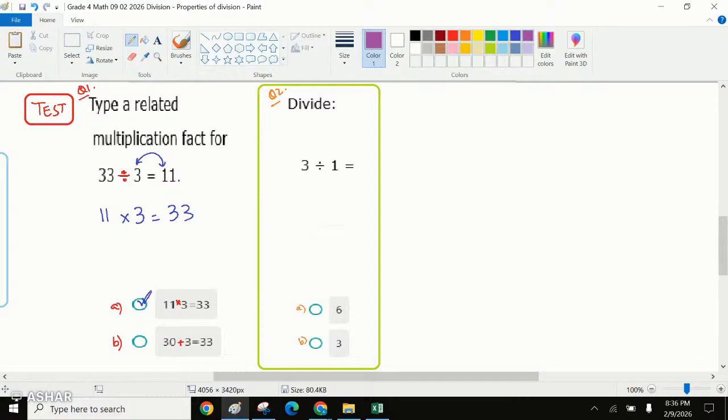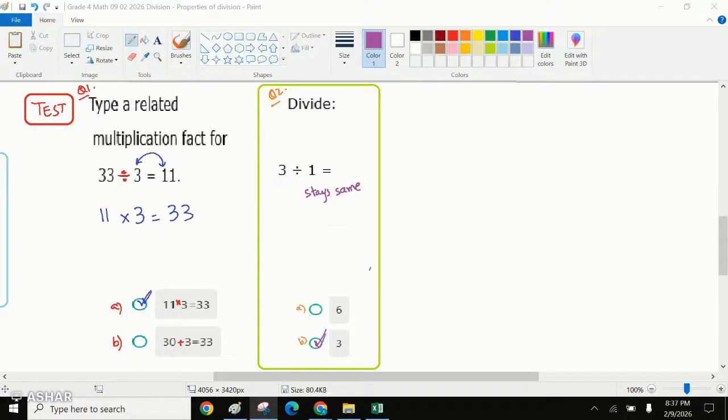Whenever a number is divided by 1, it should stay the same, right? Yes, thank you, May. It stays the same. That is the correct answer. Let's have a look at the next question.